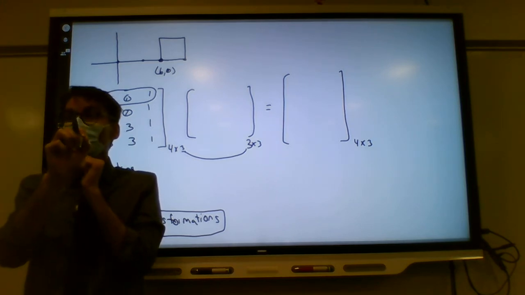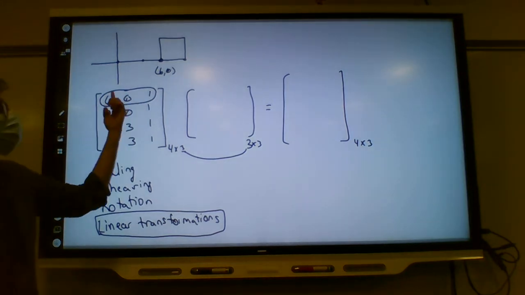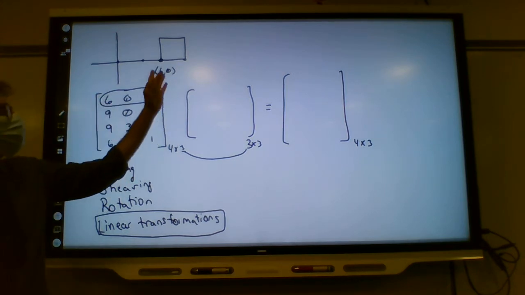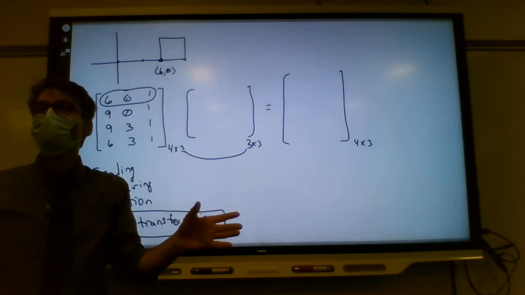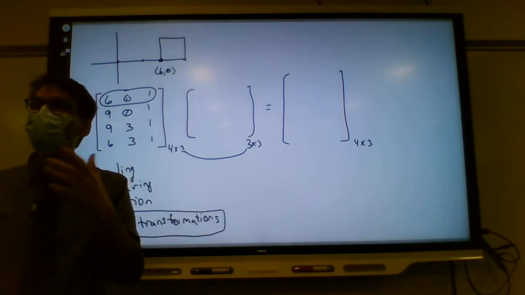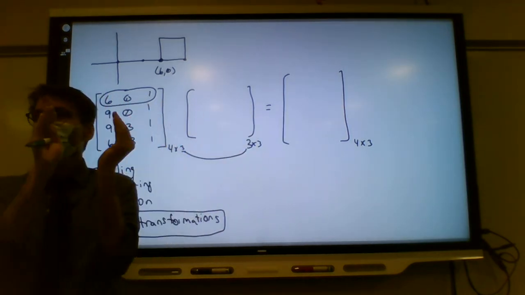Does that make sense? All right, so what would we need to do for a shear, and all we're changing is we want to just change the appropriate x values, right? Because we're just moving things this direction.